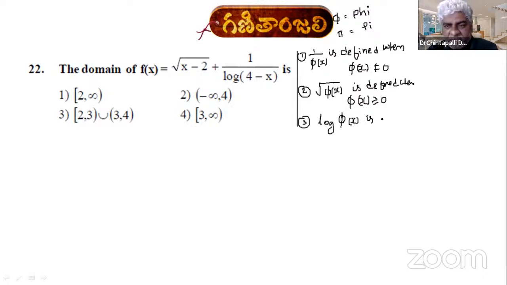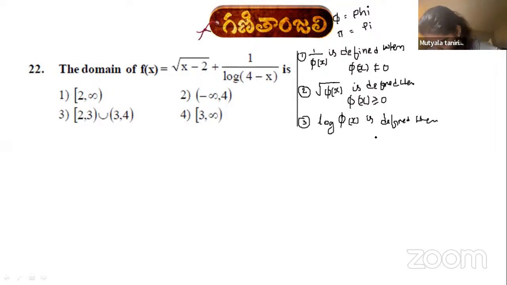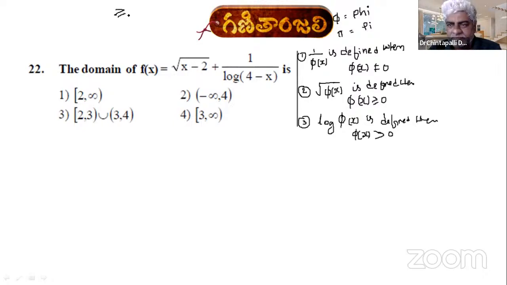Log of phi of x is defined when phi of x is greater than 0. Strictly greater than 0. You know there is a difference between greater than or equal to and strictly greater than, right? Yes. Third point.